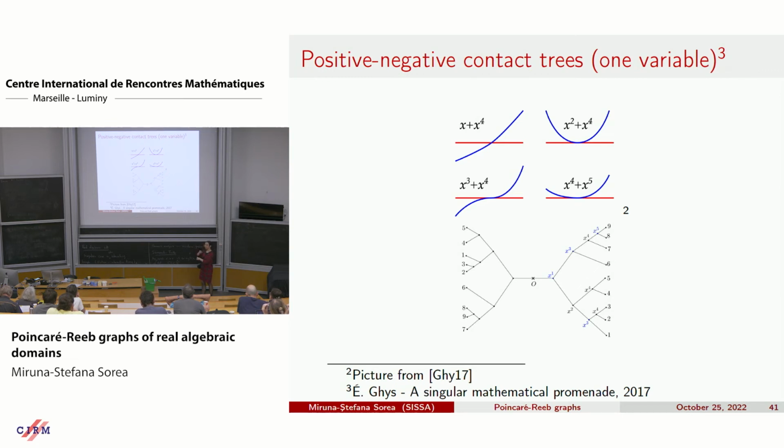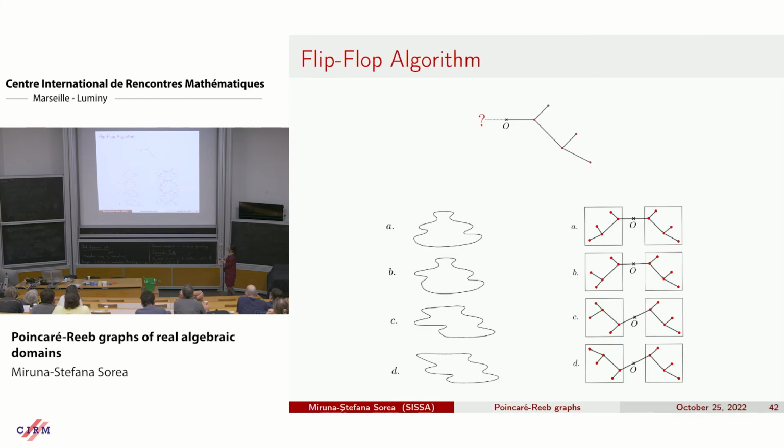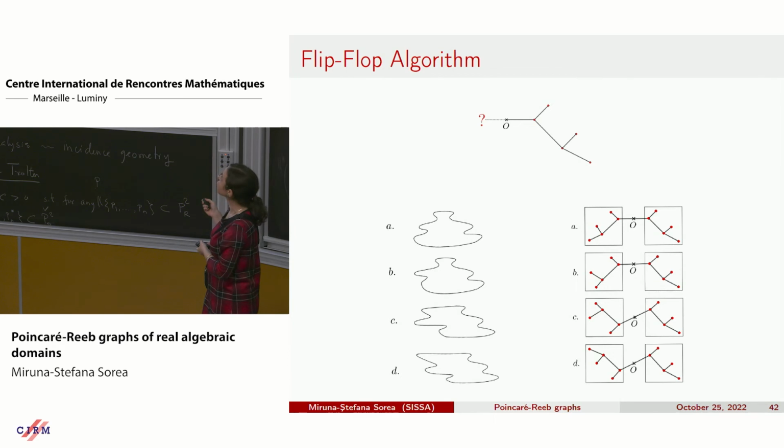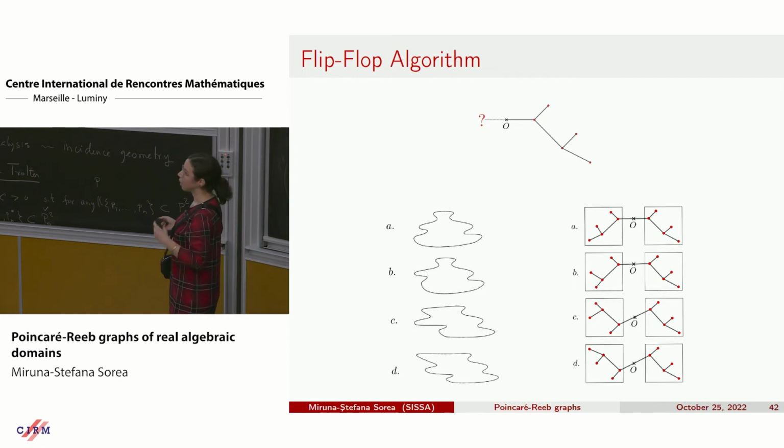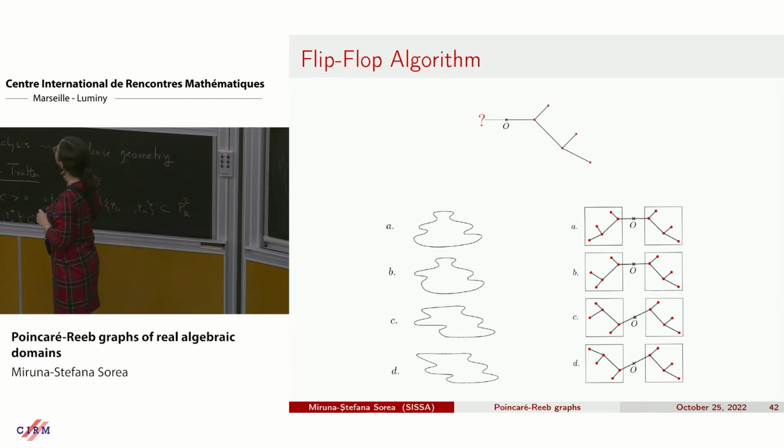And this will influence the shape to the left of the origin of our level. So I have an algorithm, the flip-flop algorithm, that tells you which pairs you can match with a given shape in this family of polynomials. Maybe there are other shapes, but with my family, in this example, just these 4 you can have to the left.